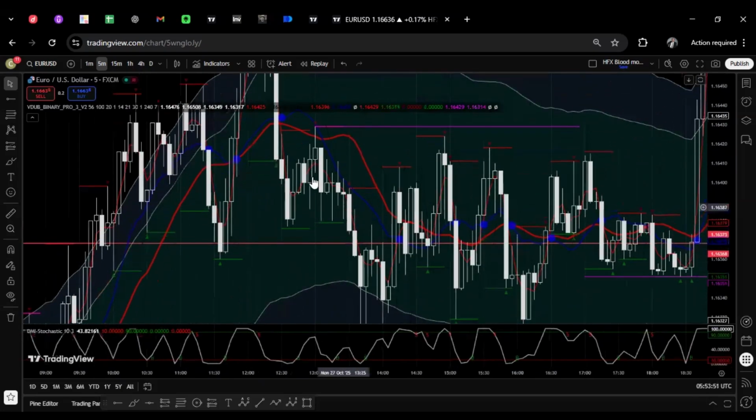We have the market respecting the red EMA, and we also have a pink zone appearing here. So this is an aggressive sell. The market sold from this point for more than 30 minutes down. It sold aggressively.